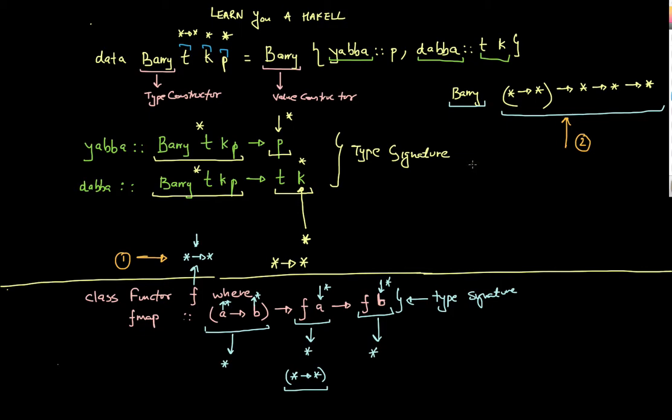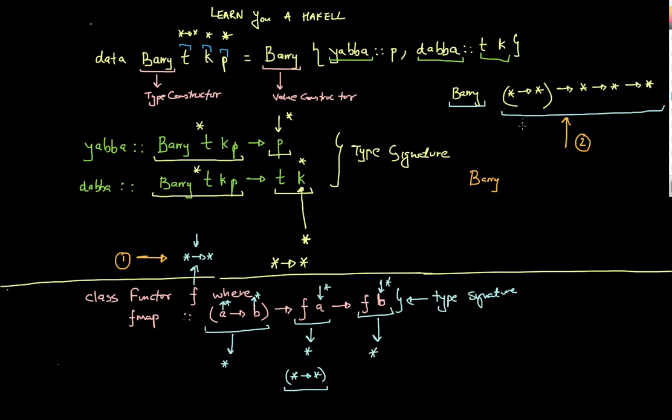What I mean is, let me make sure I have my notation correct, so that if you're following along with the textbook, I don't deviate too much from what is mentioned in Learn You a Haskell.